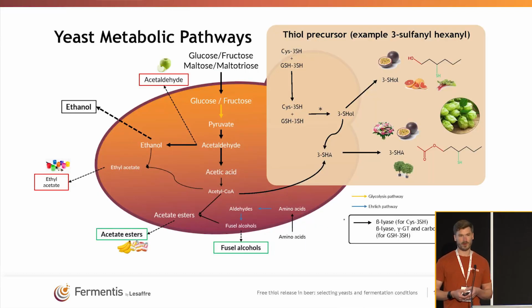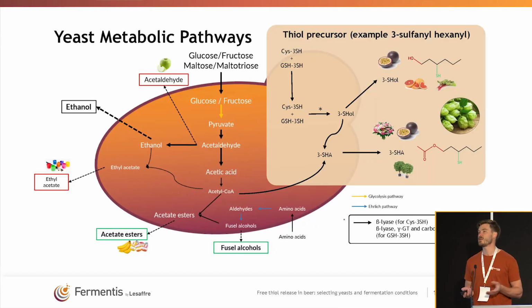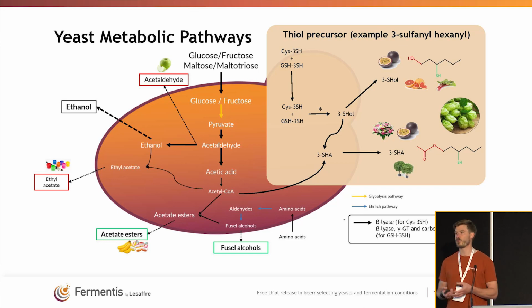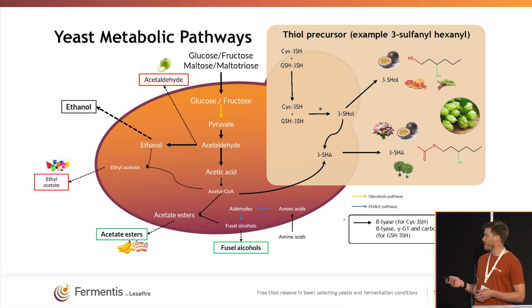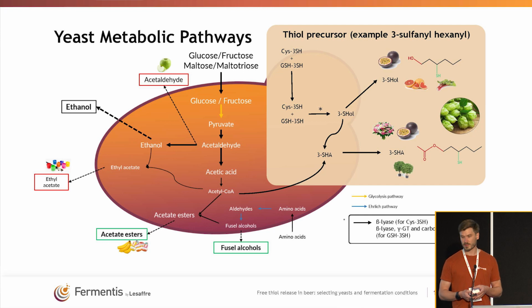This is another very busy slide about the yeast metabolism. You saw yesterday other yeast suppliers talking about all of these processes, but today we will not focus on the different aromatic compounds involved in those metabolic pathways. We will focus on the thiol. So what happens when you have yeast and thiol precursors in the beer?